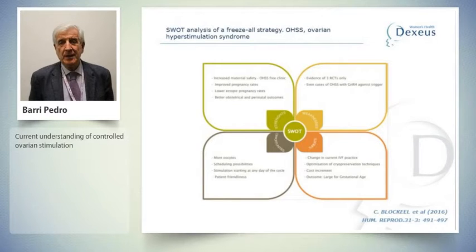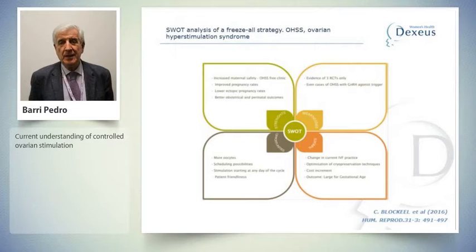And the SWOT analysis of this strategy, you will see that the strength of this strategy is increased maternal safety, and you can have an OHSS-free clinic. You will improve pregnancy rates. You will reduce ectopic pregnancy rates and have better obstetrical and perinatal outcomes.